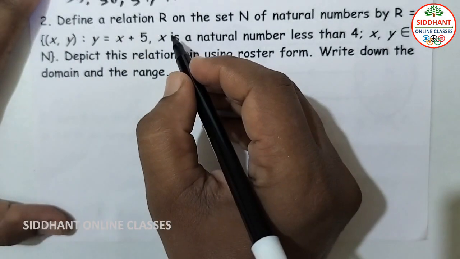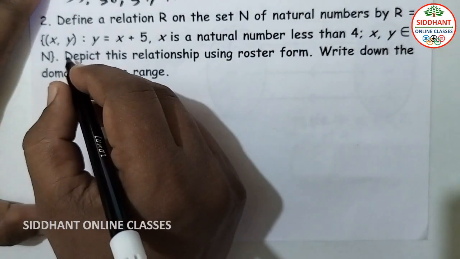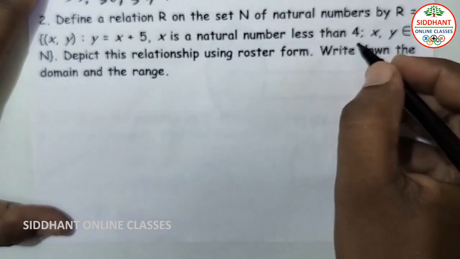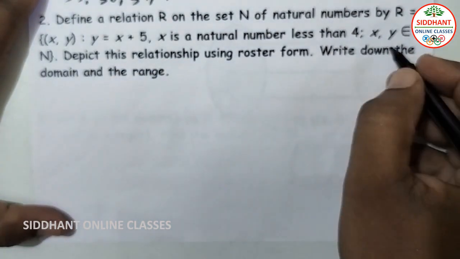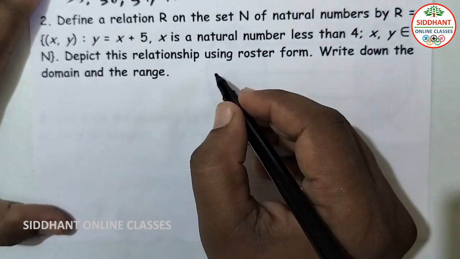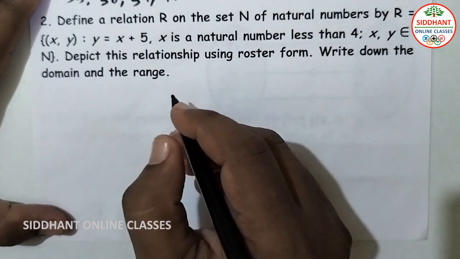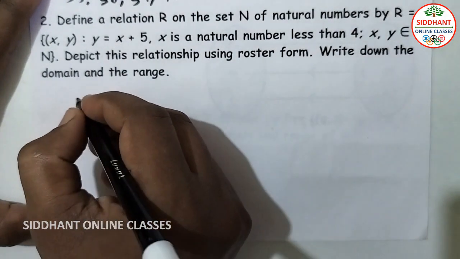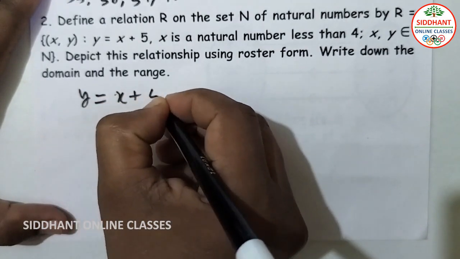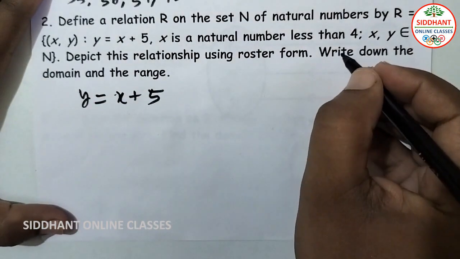Question number 2. Define a relation R on the set N of natural numbers by R = {(x, y) such that y = x + 5, x is a natural number less than 4}, where x and y belong to N. Depict this relationship using roster form. Write down the domain and the range. So the relation given here is y = x + 5 with x less than 4.